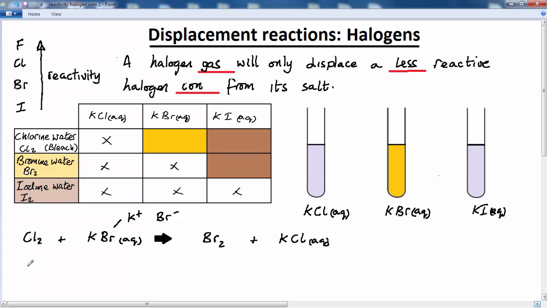So we can write Cl2 plus the bromide ions produces Br2 plus Cl minus. Now to balance that, we've got Cl2 here, so we need to put 2 there, and Br2 here, so we need to put 2 there to balance the equation.